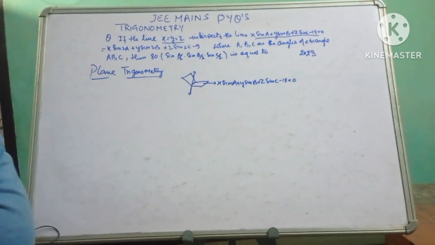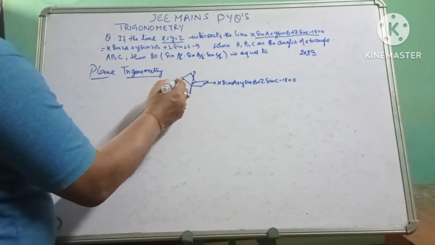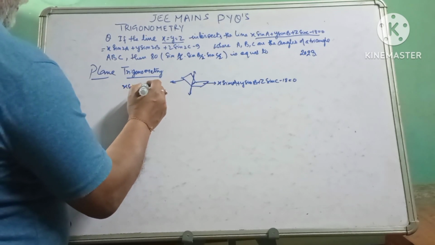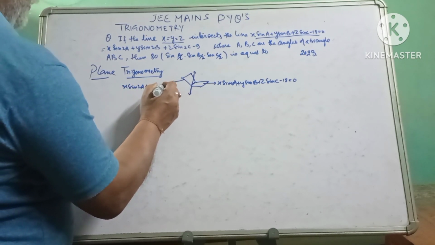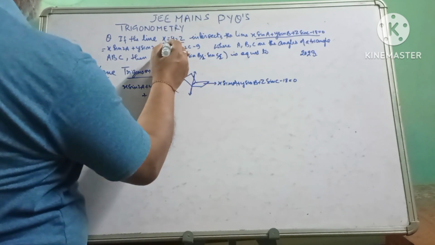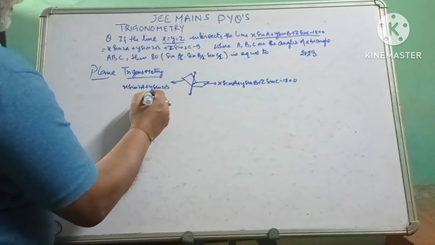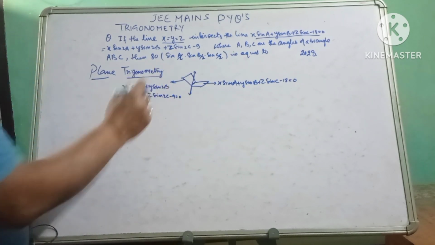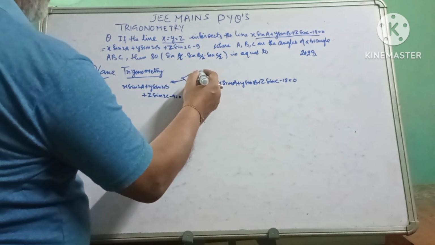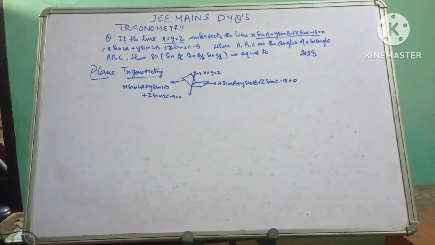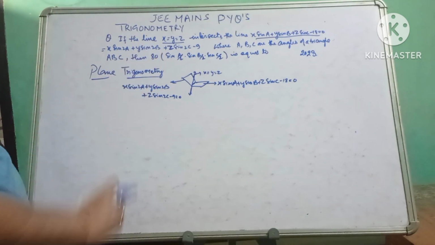This is the equation of a plane, and another equation of the plane is x sine 2A plus y sine 2B plus z sine 2C minus 9 equal to 0. These are the two planes and this is the equation of the line: x is equal to y is equal to z. Now you have to find the value of this.